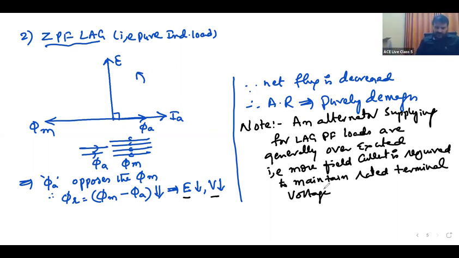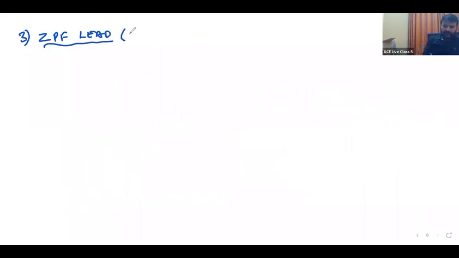So now, this was for ZPF lagging. Okay. Now for ZPF leading, the third one, ZPF leading, for pure capacitive loads.